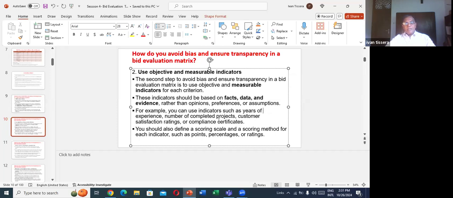For example, you can use indicators such as years of experience, number of completed projects, customer satisfaction rating, or compliance certificate, whatever, as the evidence or data.